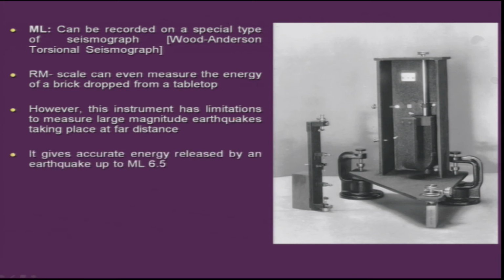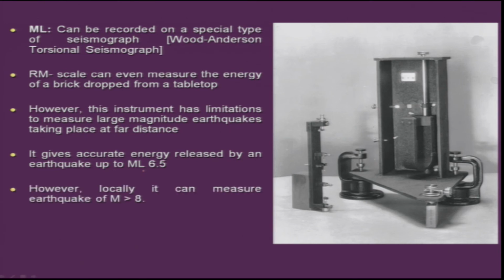So it has a limitation in measuring large magnitude earthquakes, when we are talking about greater than 6.5 or greater than 7.5, taking place at far distances. If they are distant earthquakes, then this instrument has limitations in recording them. It gives very precise, accurate energy released by an earthquake up to 6.5 magnitude.